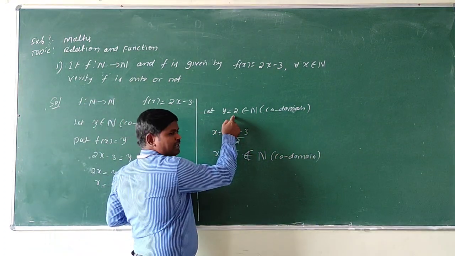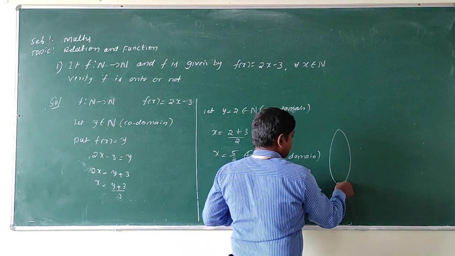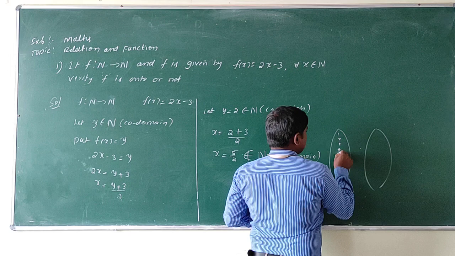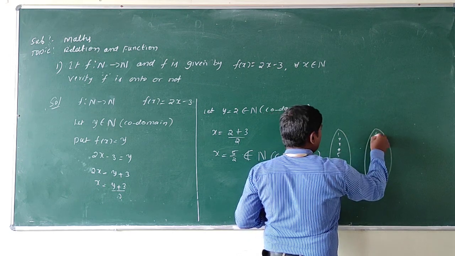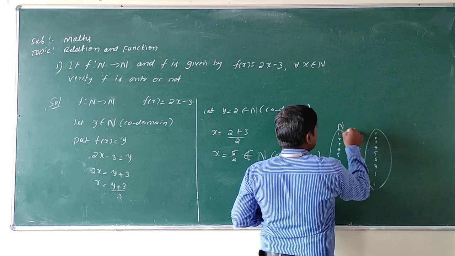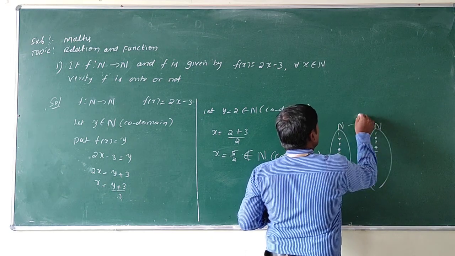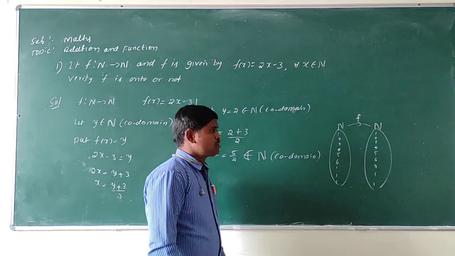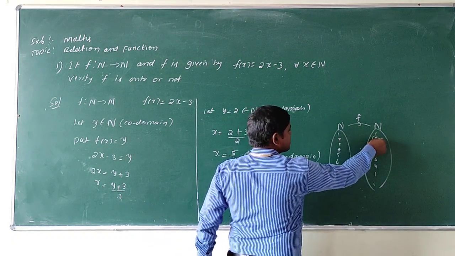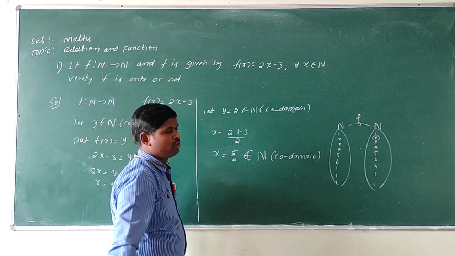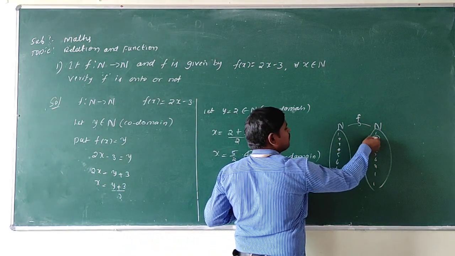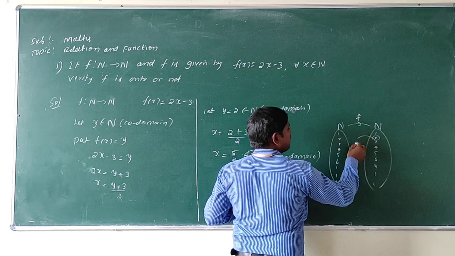So this is one of the elements. Here the natural numbers are 1, 2, 3, 4, 5, 6 and so on, mapping natural numbers to natural numbers. So 2 is an element here in the codomain. 2 is an element of the natural numbers but has no pre-image.